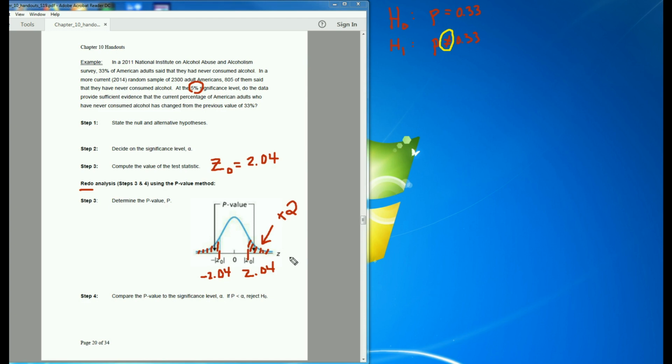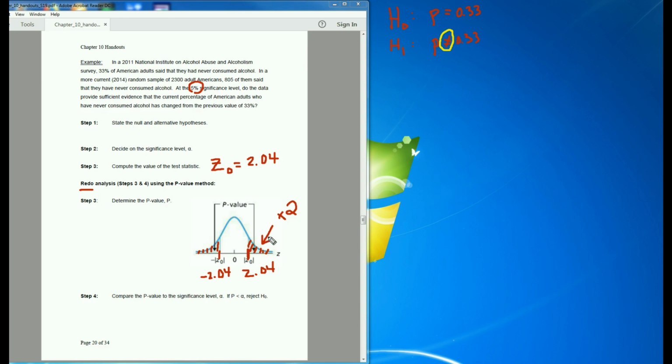There's a couple of ways we could do that. We could go to the table and look up 2.04, find the area to the left, and do 1 minus that to find the area to the right.